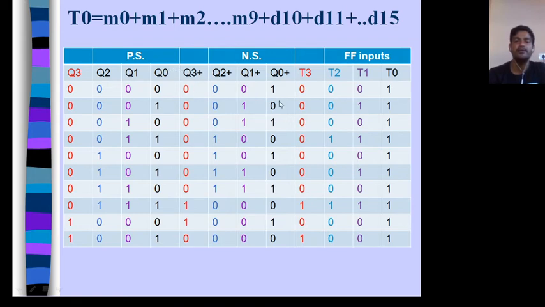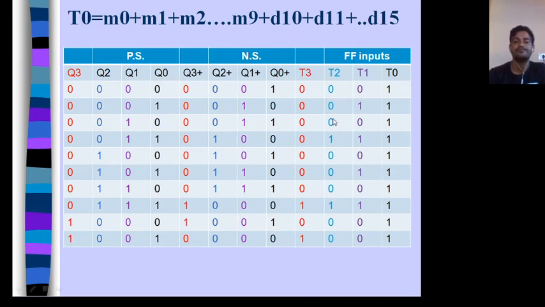So determine the XOR gate outputs: 0, 0, 0, then 0, then 0. There are continuous 7 zeros: 1, 2, 3, 4, 5, 6, 7, and then 0 here. You know 0 XOR 0 is 0, so I am writing 0. Then 0 XOR 1 is 1. Then 1 XOR 1 will be 0. Then 1 XOR 0 will be 1.